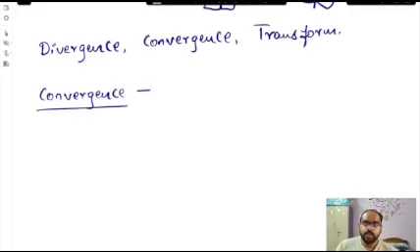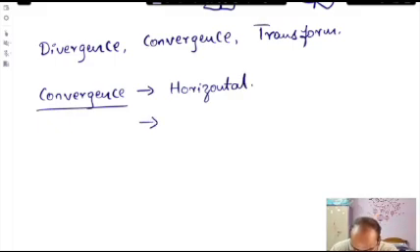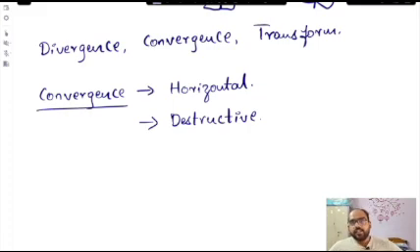What are the features of convergence? Its action is horizontal. Second, it is destructive in nature. Why is convergence destructive in nature? While there is convergence of the plates, the denser plate subsides down.